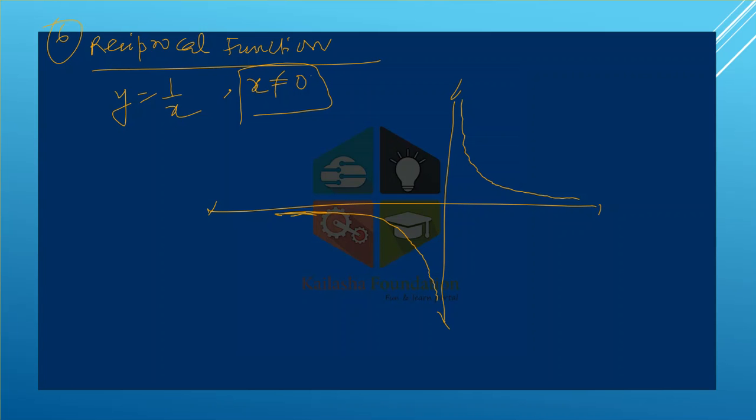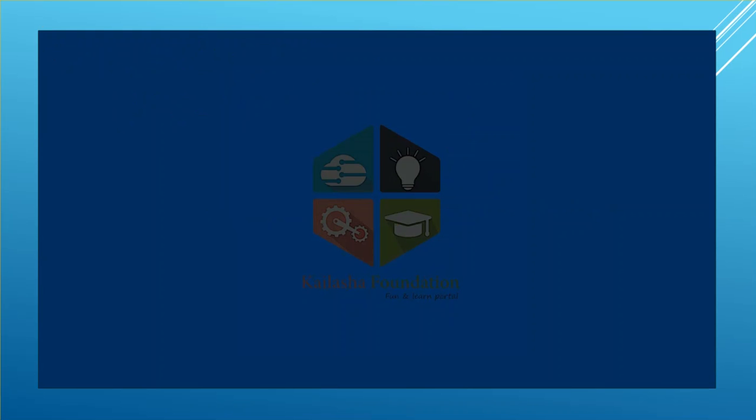Now we'll try drawing a few graphs. For example, x square minus 8x plus 15. By xy plot we can find this graph, and there is another method.